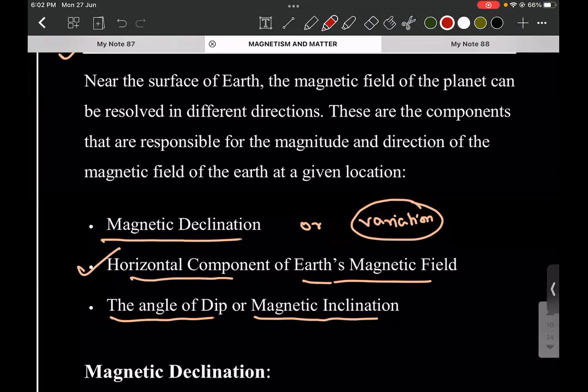So the Earth's magnetic field is making an angle with respect to the horizontal. The angle made by the Earth's magnetic field with respect to the horizontal is what we call angle of dip or magnetic inclination. Okay, please write it down. The next heading is angle of dip or magnetic inclination.